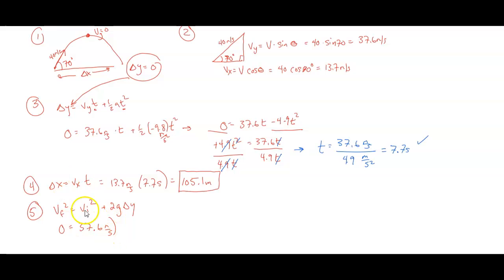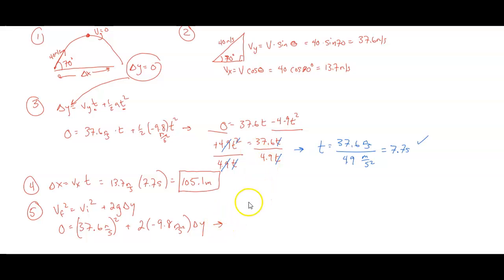meters per second. That whole quantity is going to be squared, plus 2 times a negative 9.8 meters per second squared delta y. Be careful, this is a 2 times 9.8, which is 19.6, or negative 19.6, as opposed to up here you had the half 9.8, which is negative 4.9.